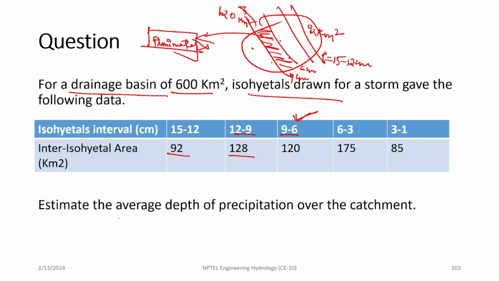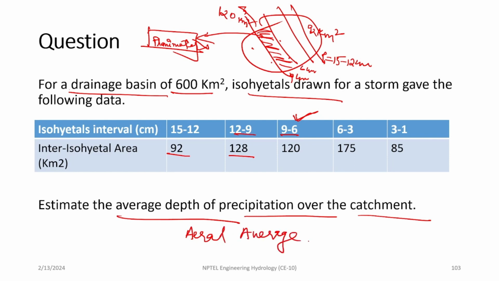So now, Ashish, what we are here to compute, we need to know the average depth of precipitation over the catchment. So basically, they are asking about aerial average rainfall. Ashish, can you differentiate between point rainfall and the aerial average rainfall?